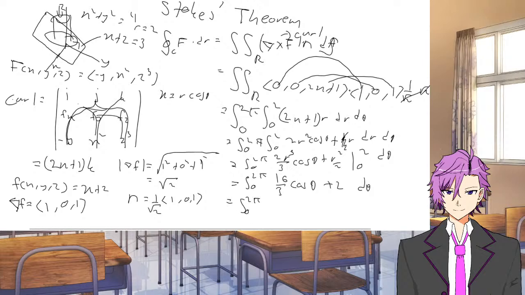0 to 2 pi, no, not 0 to 2 pi. 16 over 3 would be sine theta, so differentiate cos.